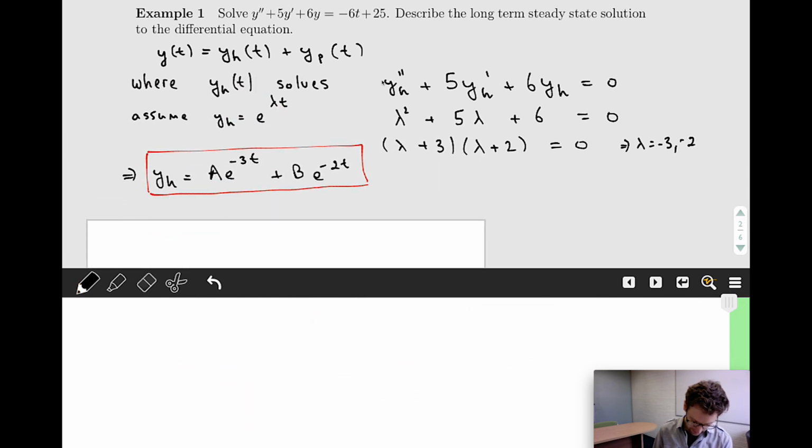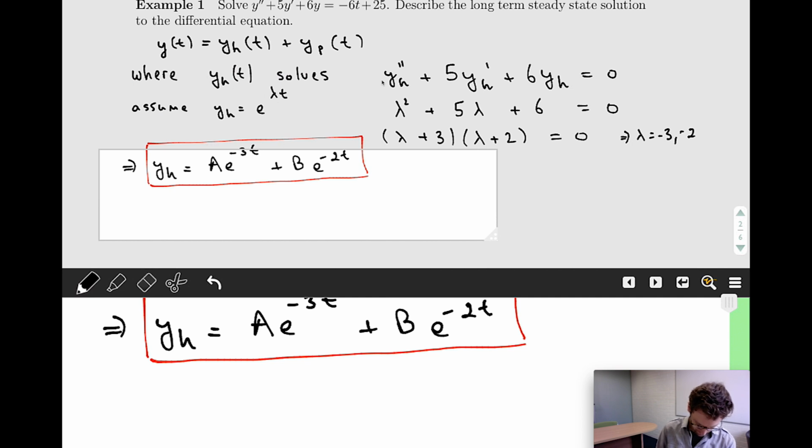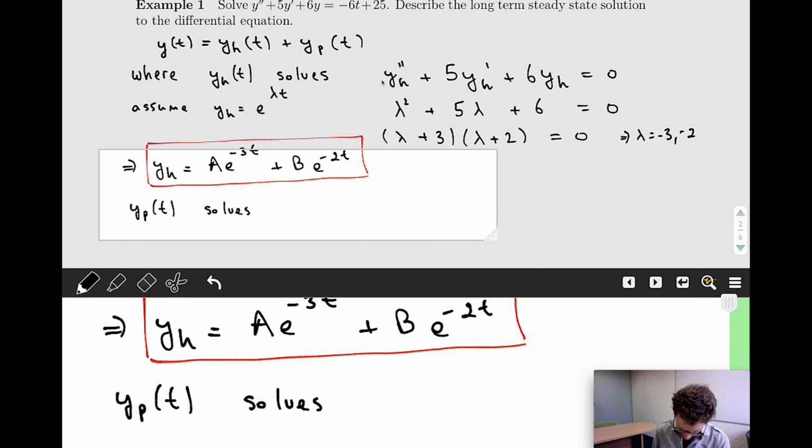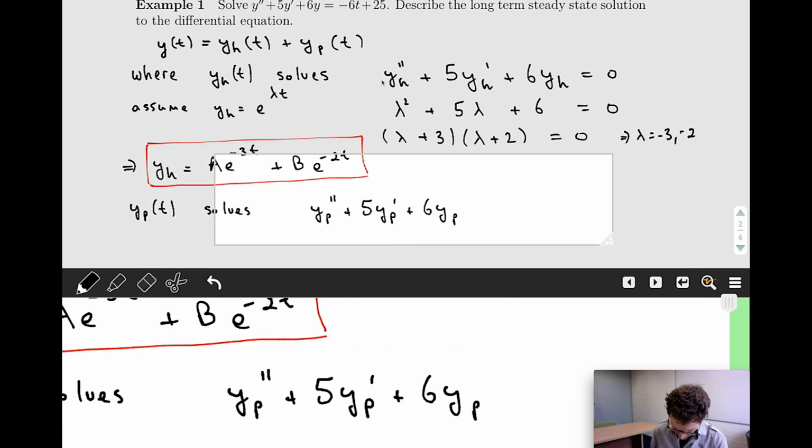Now let's take a look at the particular solution. So yp solves the following equation. The same left-hand side, but now we have a right-hand side, so minus 6t plus 25.